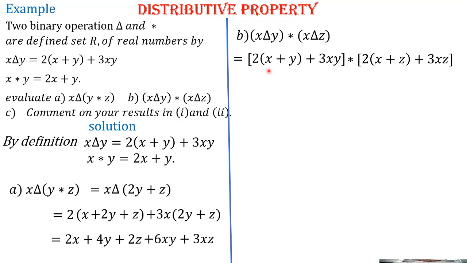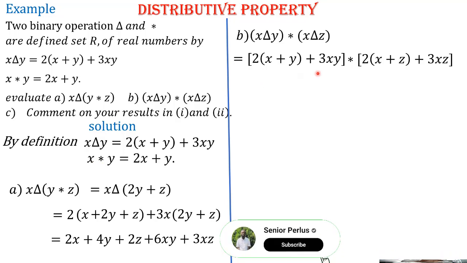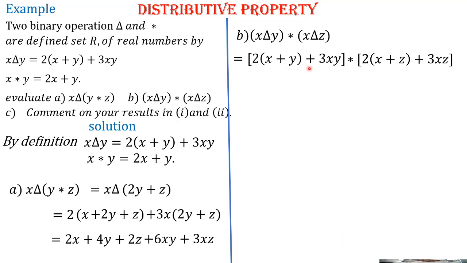Now we have the whole of this star this. So we are going to use the second definition. So the whole of this is now our s, and the whole of this is our star. Okay, so the whole of this is our s star, and this one is our y. So the first one, s star y, is defined as what? 2s plus y. So now this is my s, and this is what?